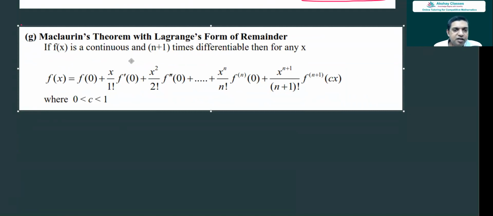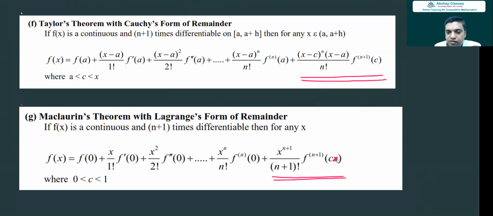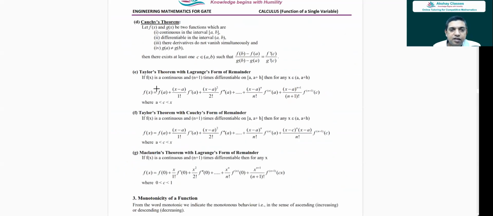If f is a continuous function and differentiable n plus 1 times, then we get f of x is equal to f of 0 plus x by 1 factorial into f dash 0 plus x square by 2 factorial into f double dash 0, and so on, plus x power n by n factorial into the nth derivative of f at 0, plus this last term: x power n plus 1 by n plus 1 factorial into the n plus first derivative at c. So not x, this is at c.